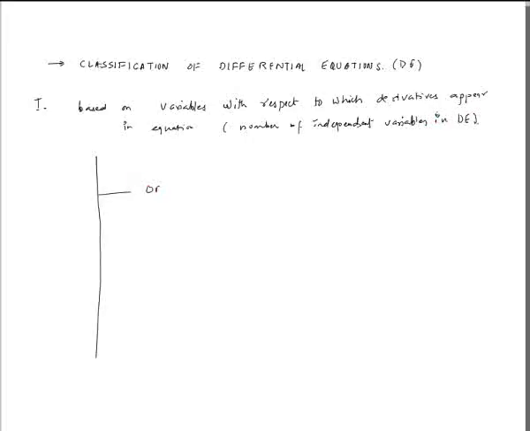First is the ordinary differential equation, where you have only one independent variable, either x or t most of the time. And then you have the partial differential equation. Ordinary differential equations are called ODEs and partial differential equations are called PDEs.